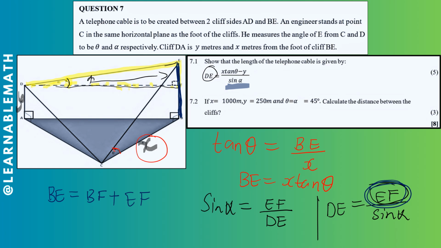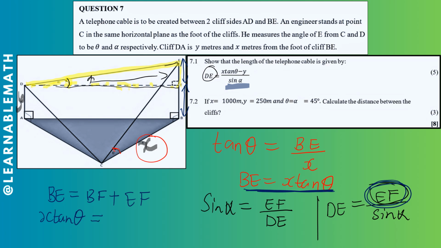So I'm recognizing that BE is actually made up of BF plus EF. Can you see there? Okay, so now we already saw for BE. Can you see in terms of x tan theta, BE is the same as x tan theta, right? Where there is BE, I'm replacing that with x tan theta.